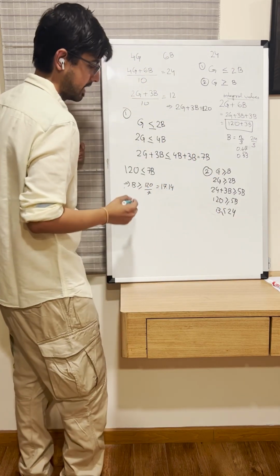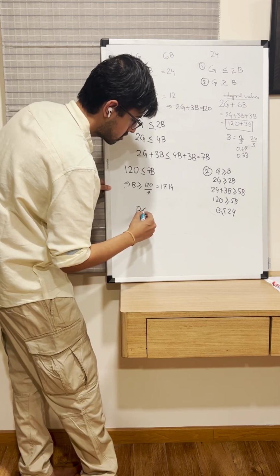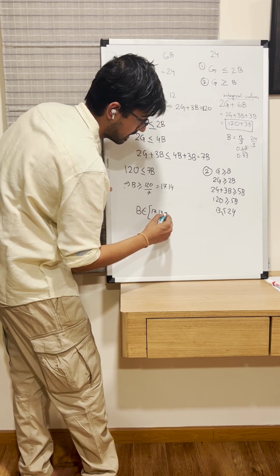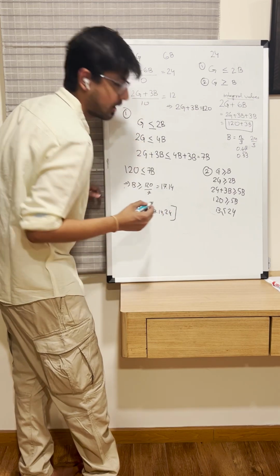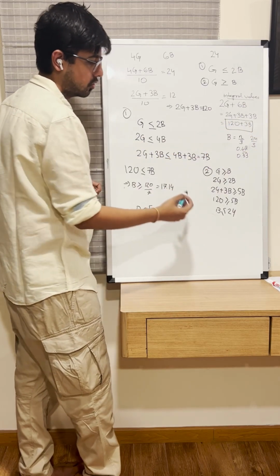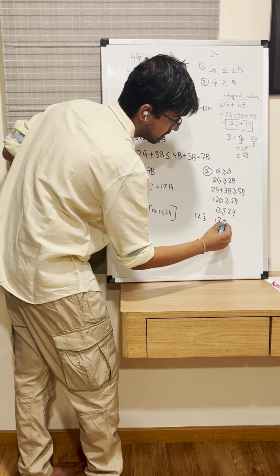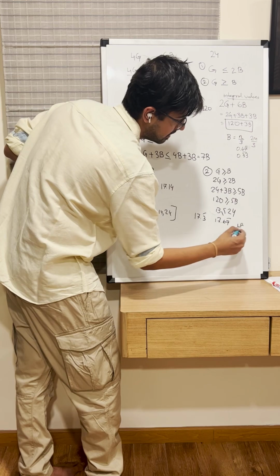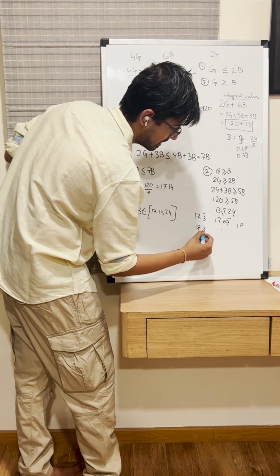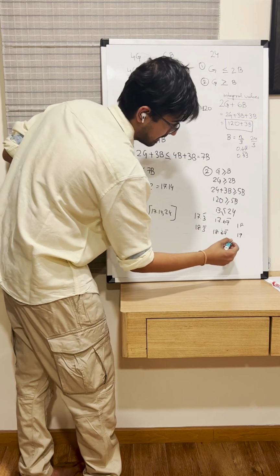Which brings me to the fact that B belongs to all values from 17.14 to 24. However, for this to be an integer, I'll want B to be of the form, let's say, 17.33 recurring, 17.67 recurring, 18 and so on. If you observe, the next set of possible values B can take will be 19 and so on.